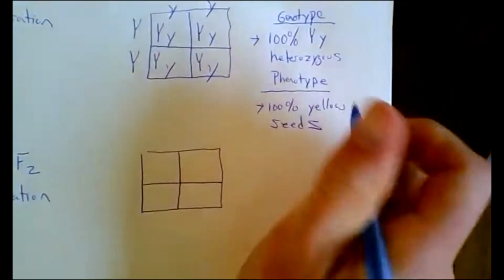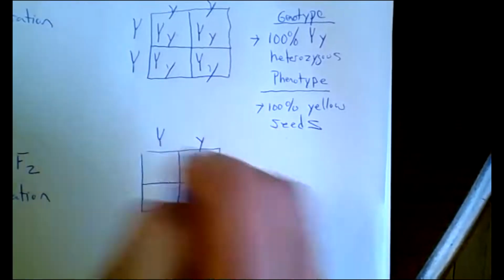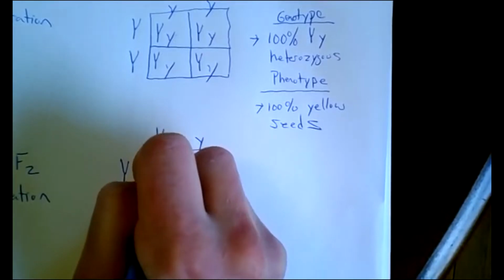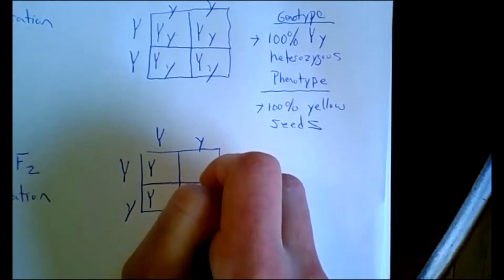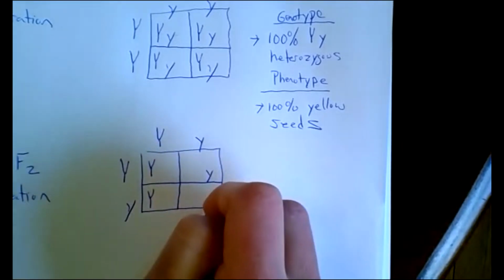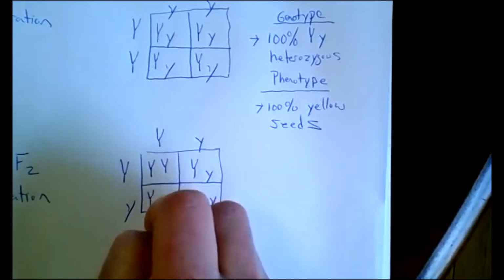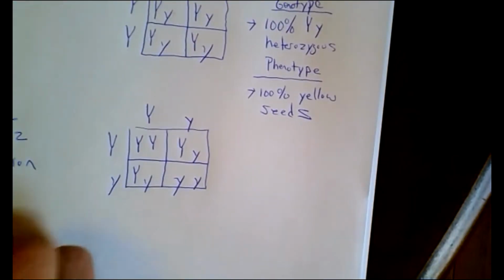Now my parents are these heterozygous plants, big Y, little y, big Y, little y. Again, I distribute in. And we end up with a far more interesting result.